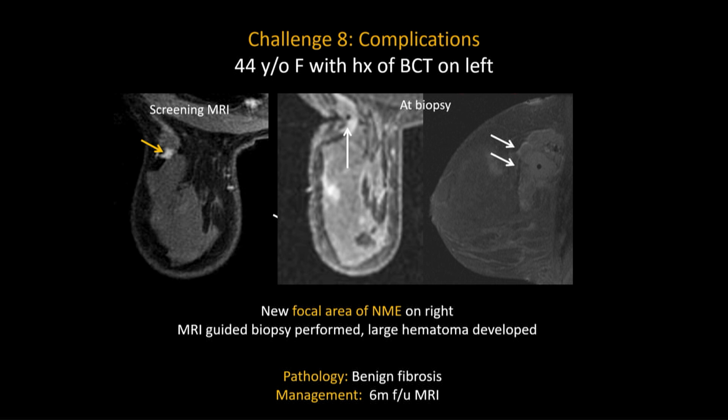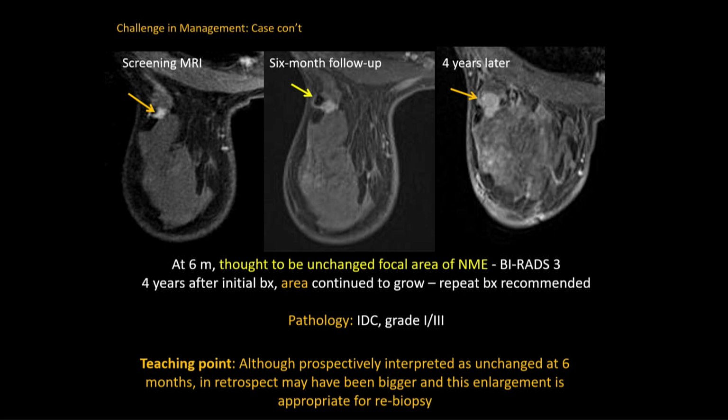The pathology is benign fibrosis, and management is a 6-month follow-up MRI. So on 6-month follow-up MRI, you can see that the finding is still present, and possibly there's the clip there. The area was thought to be an unchanged focal area of NME and was given a BI-RADS 3. The area is unchanged. It hasn't gotten smaller. It hasn't been biopsied appropriately.